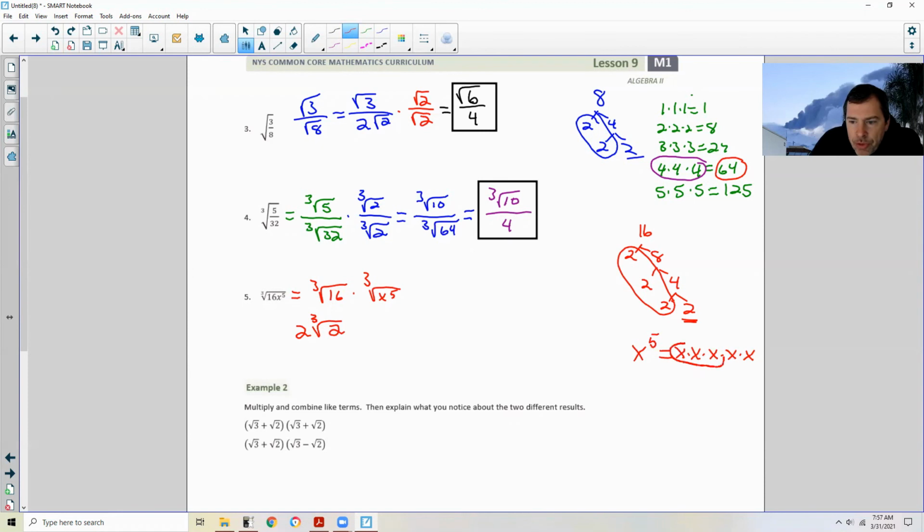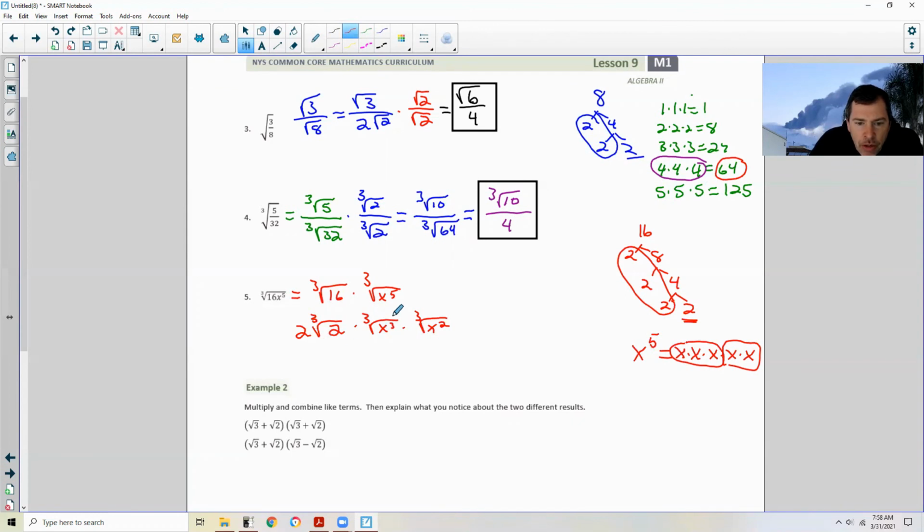Well, I have 3 x's, so I could split this up into the cube root of x cubed times the cube root of x squared, which is these 2. Okay, we can do this. And then when we simplify this, the cube root of x cubed is simply x. Powers and indices, you divide, and 3 divided by 3 is 1. That leaves me x to the 1.